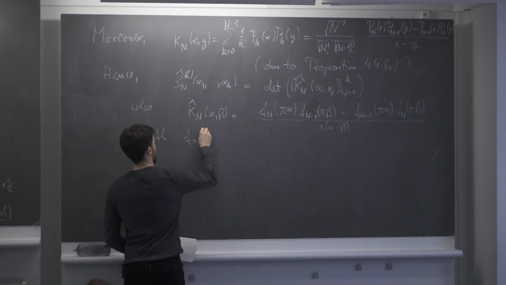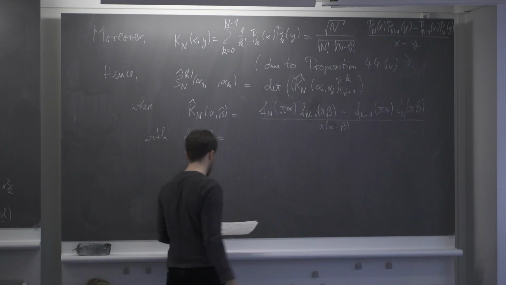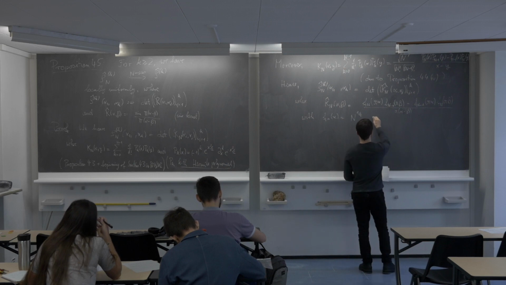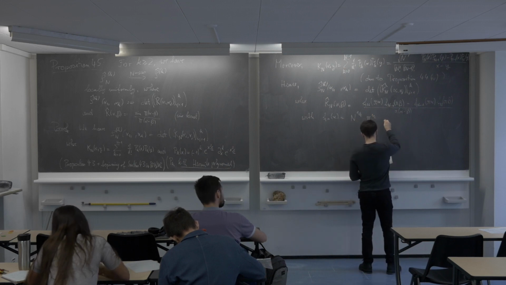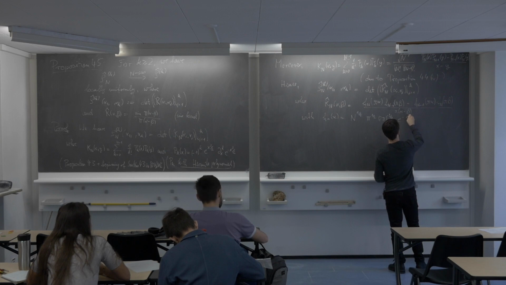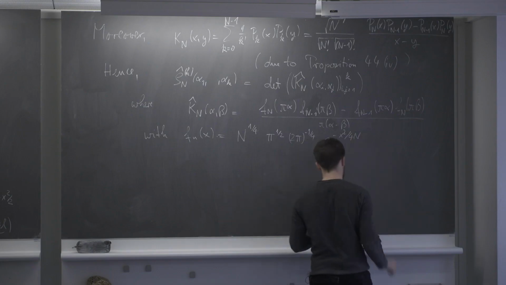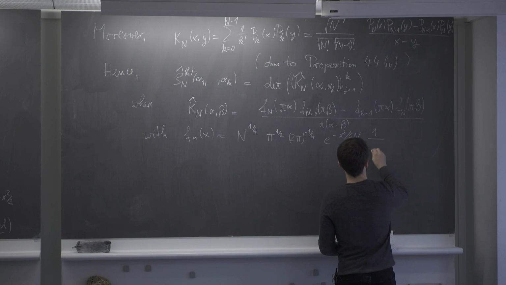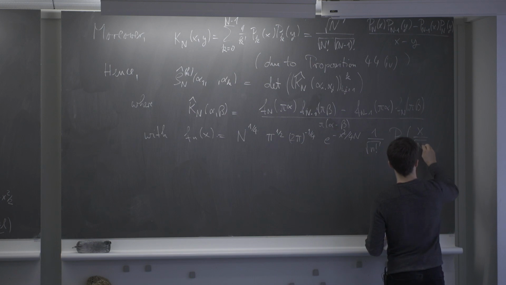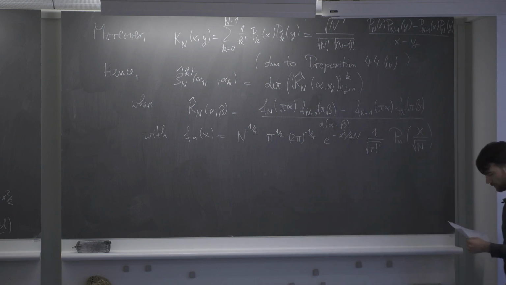So f_n(x) is N^{1/4} pi^{1/2}, 2 pi to the minus 1/4, e to the minus x squared over 4n, 1 over the square root of n factorial, and P_n(x) divided by square root n.